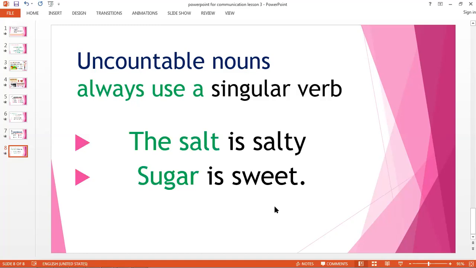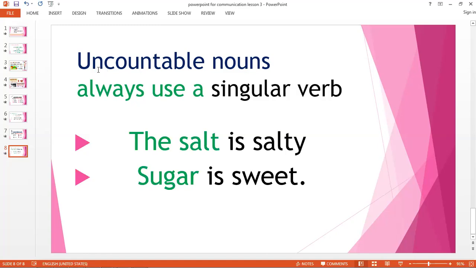So again, do not forget the words uncountable nouns and countable nouns. Always remember that a countable noun is a noun that can be counted, and an uncountable noun is a word that you cannot count.